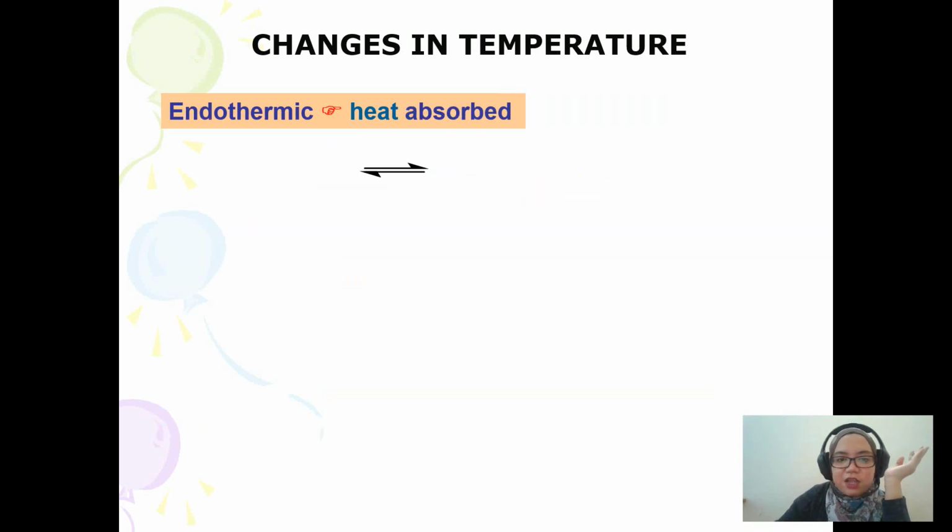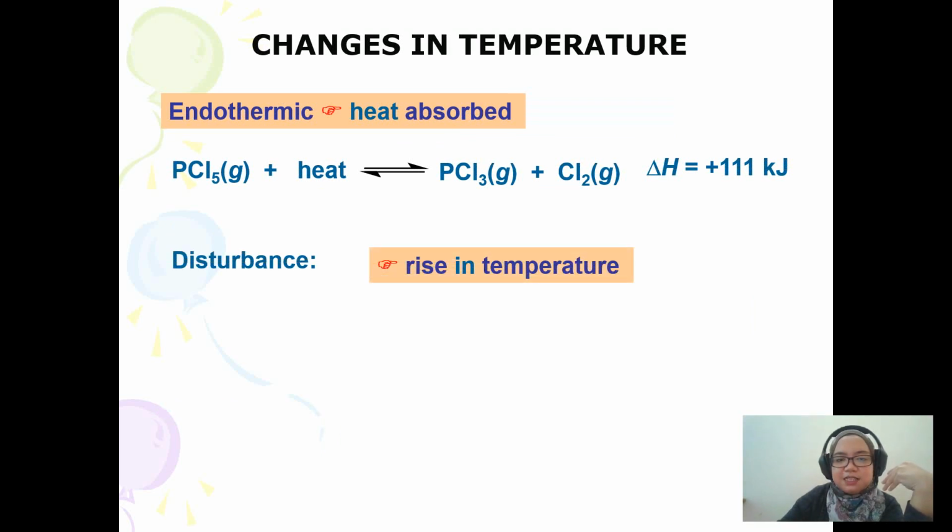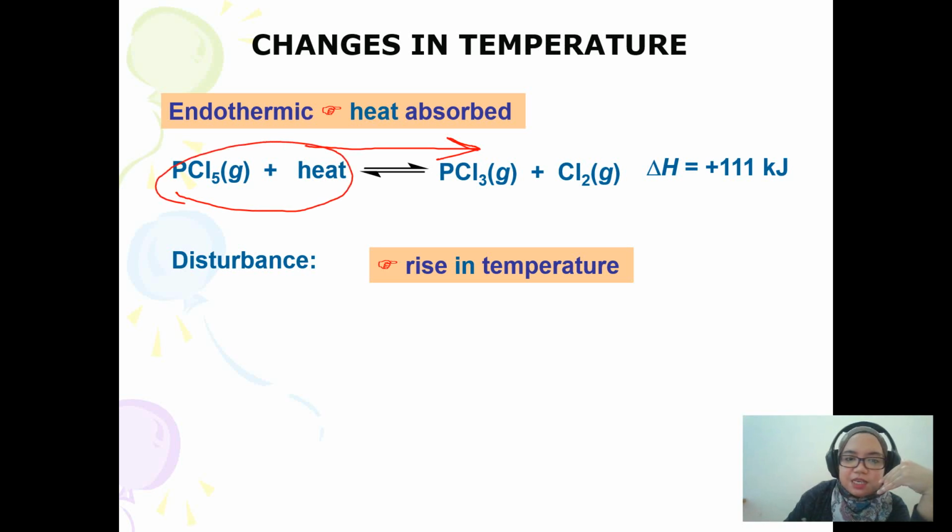Okay, next. Kalau endothermic, heat kita absorb. So, maksudnya, produk reactant kita akan absorb heat to form product. So, in the case where there is a rise in temperature, kalau temperature tu naik, sistem akan cari jalan untuk reduce temperature. So, untuk reduce temperature, dia akan proceed the reaction to the right, where the reactant will consume the additional heat to form more product.